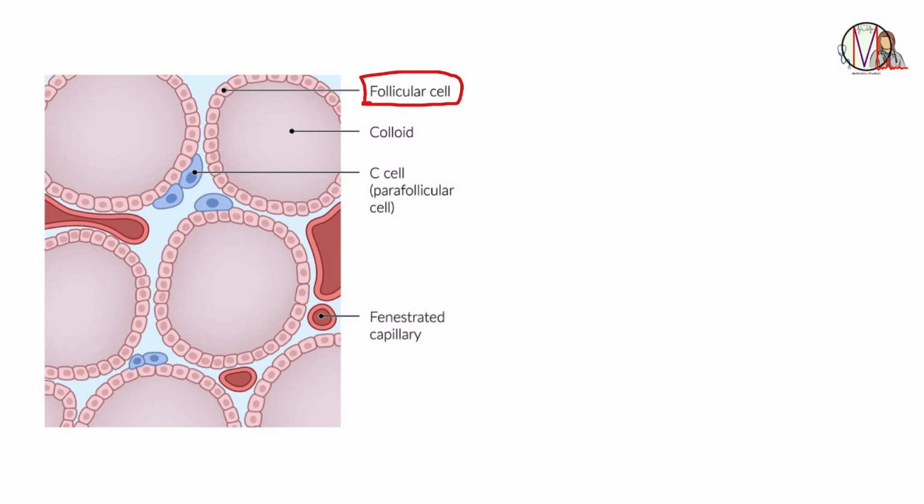These are spherical vesicular components of the thyroid gland lined with epithelium. Vesicular because it is filled with fluid, that is the central cavity, or say follicular lumen, which is known as colloid. And this colloid is the place where the precursor of the thyroid hormones, that is thyroglobulin, is stored.